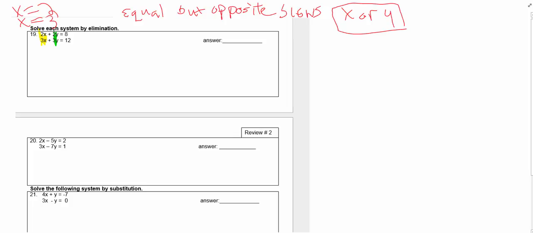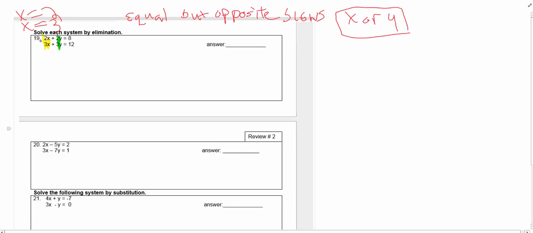So let's multiply the first equation by a positive 3. We'll do that one in blue, and then we'll multiply the bottom one by negative 2. And then we'll see that the x's are equal but opposite signs.